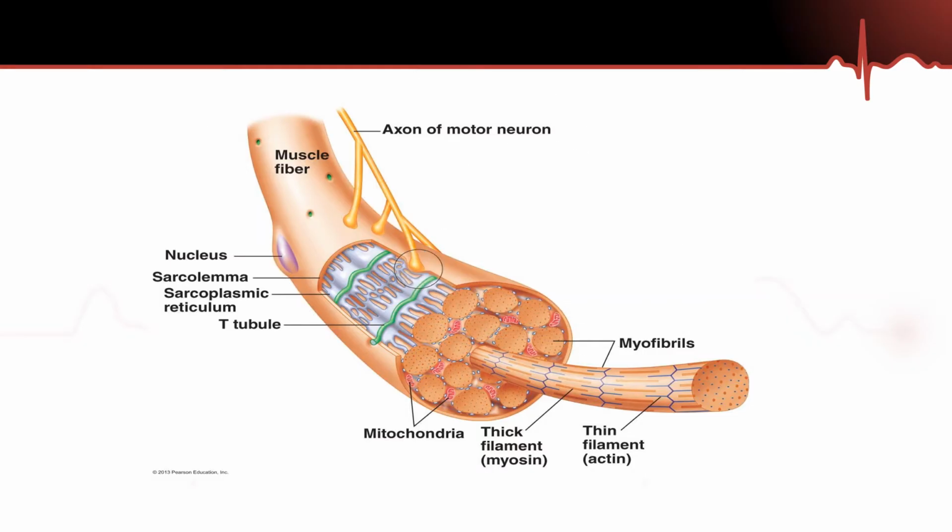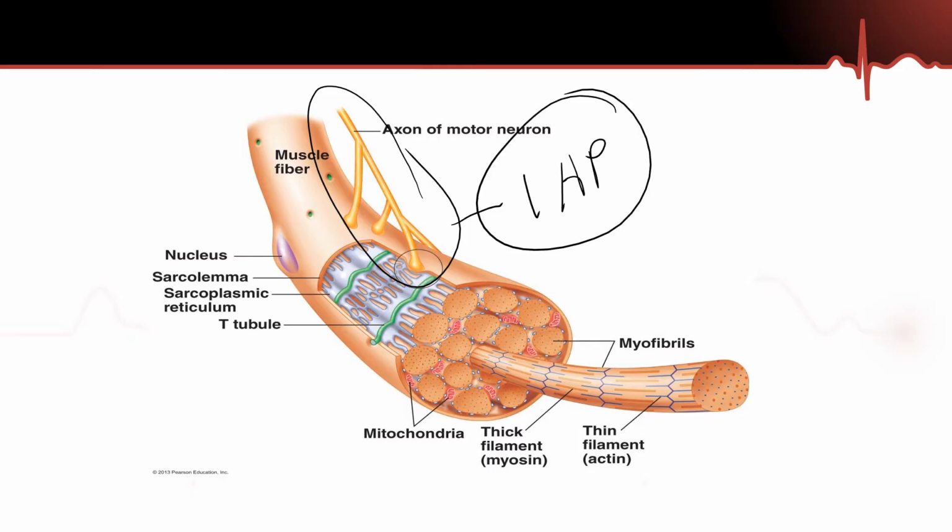Now, I just went over that because it's very important to this next conversation. Let's pretend that the alpha motor neuron generates one action potential. It's going to pass that one action potential to the skeletal muscle fiber, and the skeletal muscle fiber will generate one action potential.